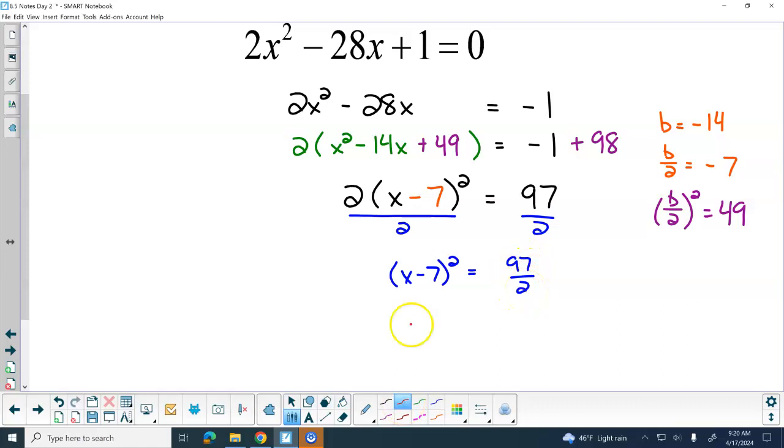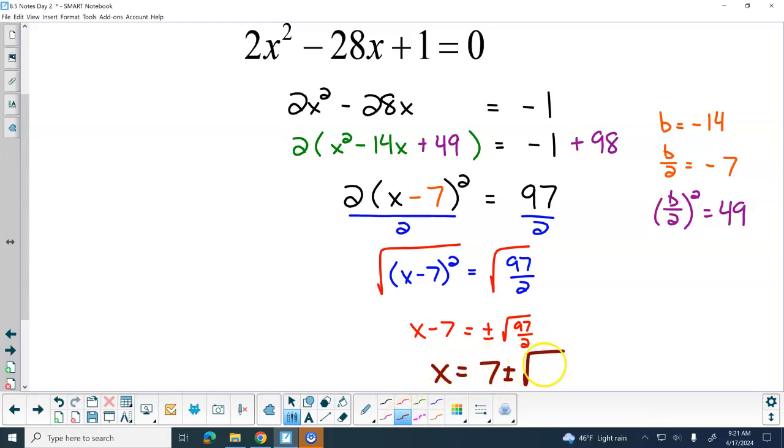Square root. We won't go all the way on this one, but we won't rationalize our denominators. And then add 7. With me? Good.